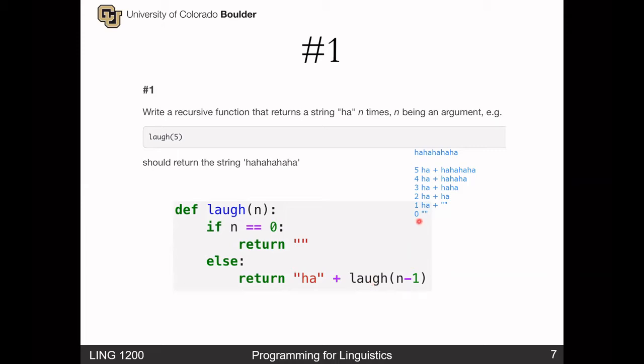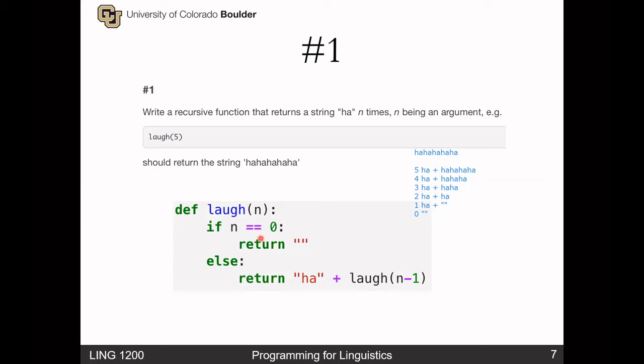When we get down to 0, we need it to be a string, and we need the string to concatenate with this ha, which will concatenate with this, and this one, and this one, and this one, all the way up. So we have to start with a string and return that. So we need to pay attention to what's being returned all the way back up through the stack, or all the way back down through the stack, depending on how you draw it. Then we are going to return a string.